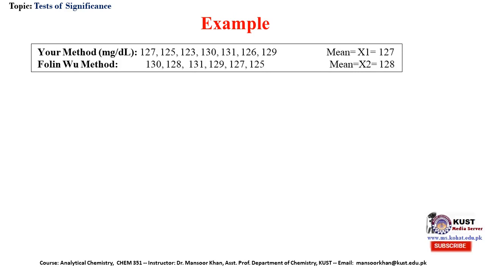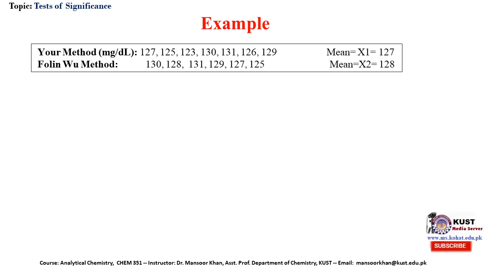Here we will take a very simple example. The first one is your method, and the standard method which is used for comparison is the Falun Wu method. Your method gives data which consists of 127, 125, 123, 130, 131, 127, 129, and the mean of the data set is x1, which is equal to 127.